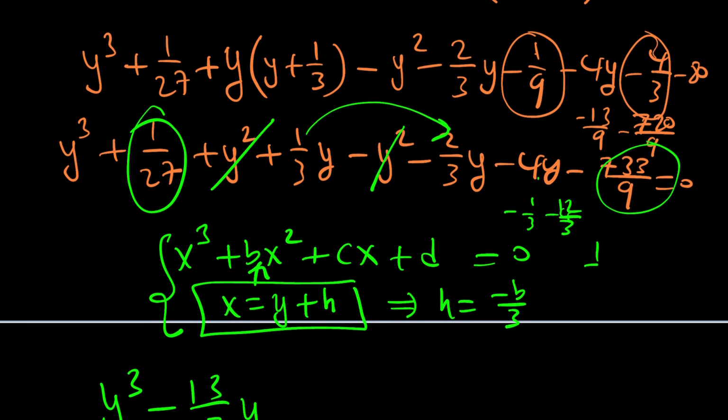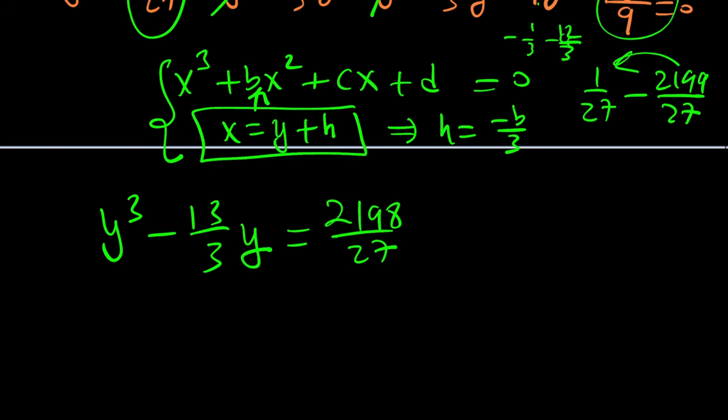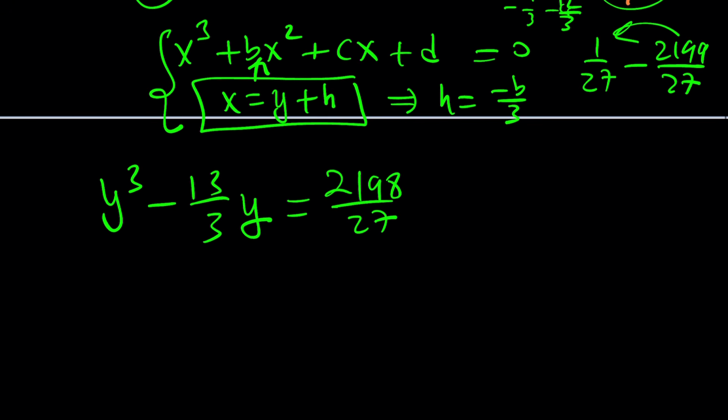So what we can do is multiply this by 3. That's going to be 2199 divided by 27, and then subtract. That's going to be a negative sign, but we can keep that number on the right-hand side so that it becomes positive 2198 over 27. I don't know if they have a common factor, if there's a way to simplify this. You can test it out, but here's what I'm going to show you.